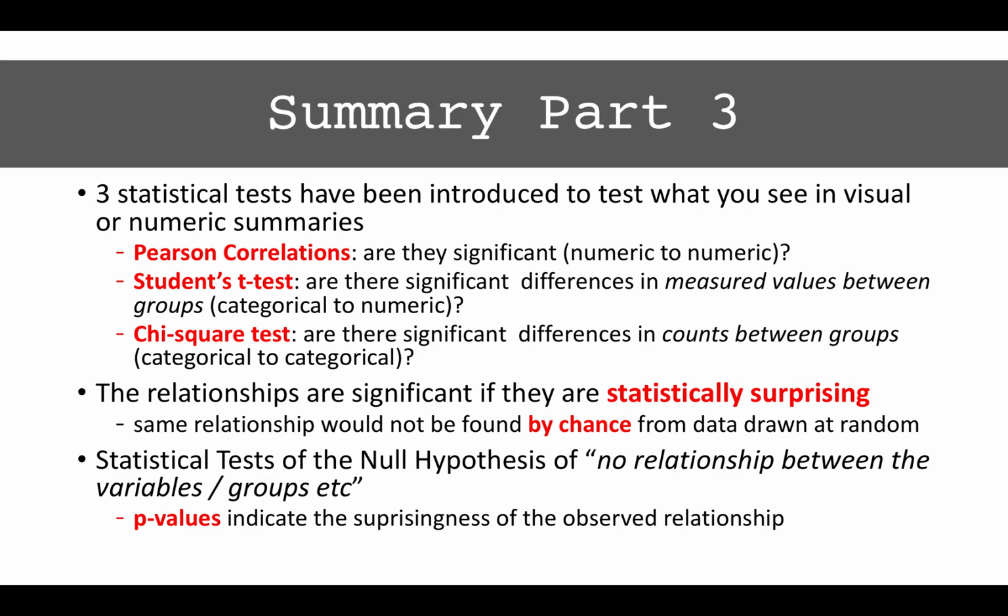We use these statistical tests of the null hypothesis of no relationship between the variables, no relationship between the groups. And the p-values indicate the surprisingness of the observed relationship and tell us whether we can reject the null hypothesis or not.